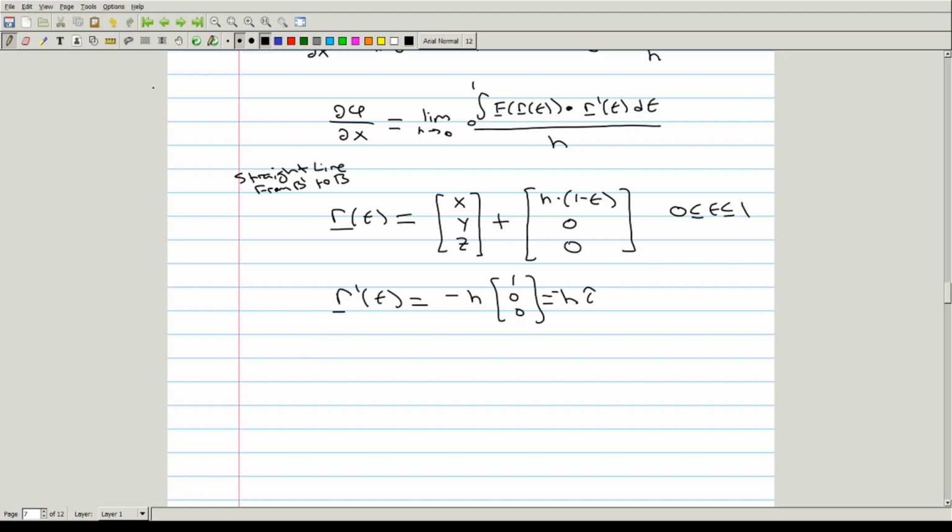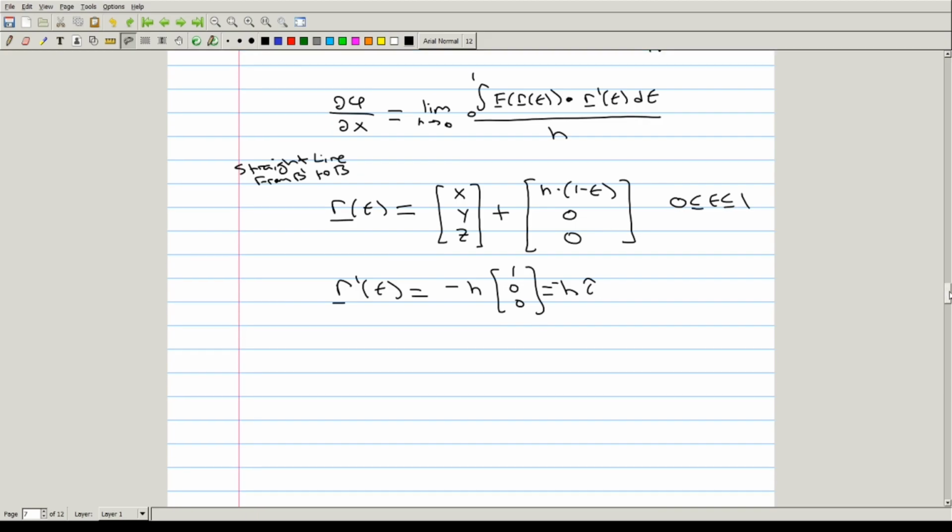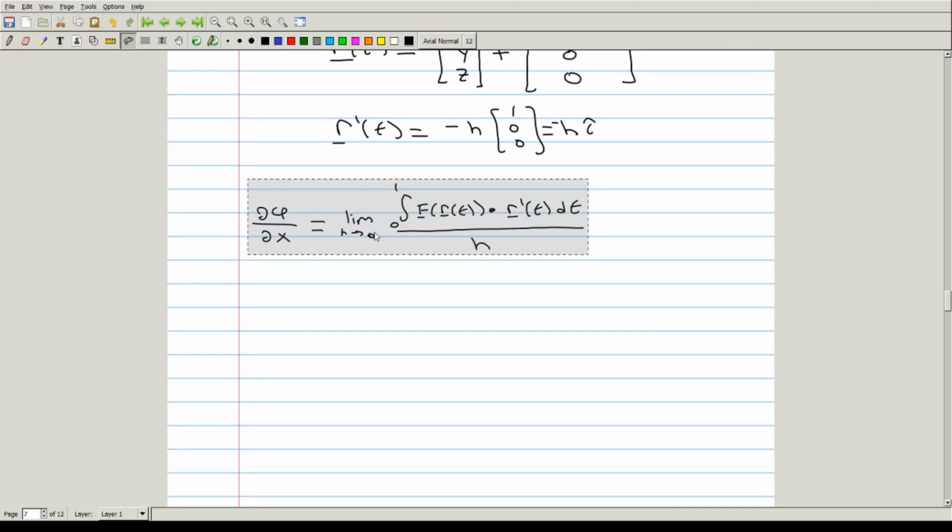And if we plug in to this equation, then this becomes the integral of f of r. Remember, f of r of t is the same thing as P, Q, R, all evaluated at r of t.